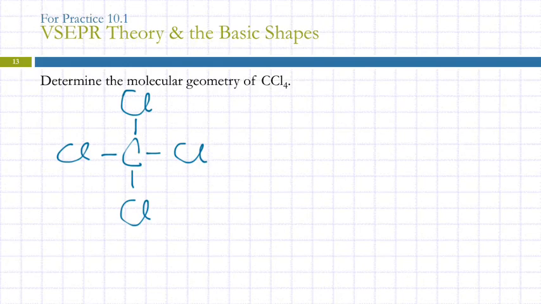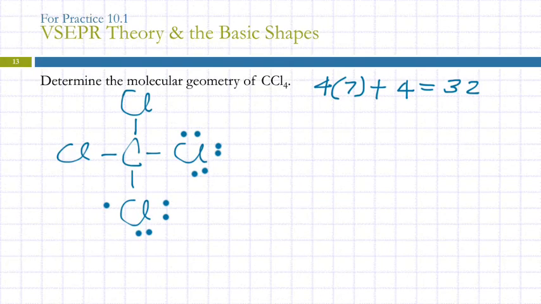How many total valence electrons? 4 chlorines, they're each what? 7. So 4 times 7. And how many for carbon? 4. So this is 32. So I've already got 2, 4, 6, 8 for the bonds. 10, 12, 14, 16, 18, 20, 24.